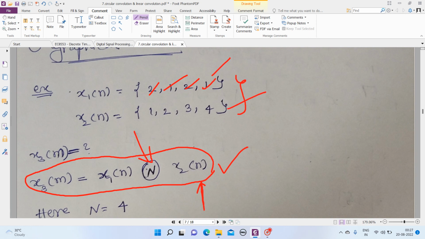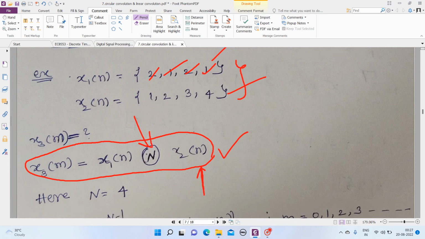You can take any sequence in either circle, this one inside and this one outside. But there is a procedure that you have to follow to solve circular convolution using the graphical representation.